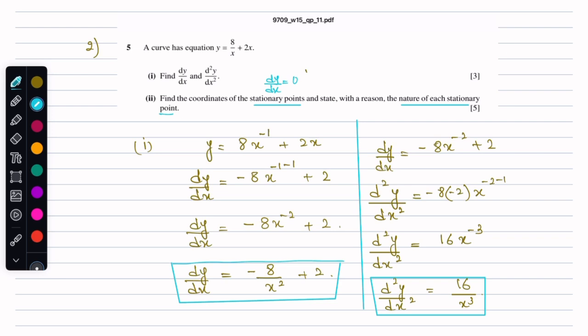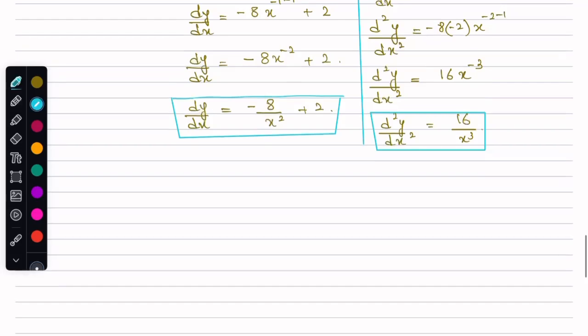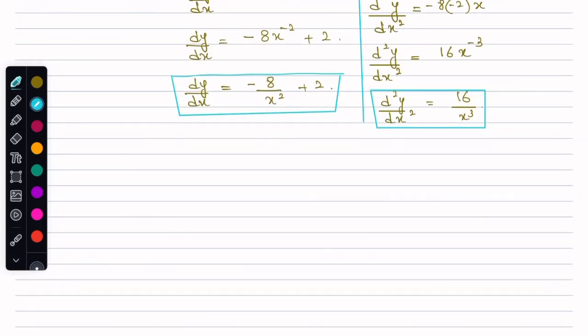So first, let's start solving for the stationary point, where we know that dy/dx is equal to 0.